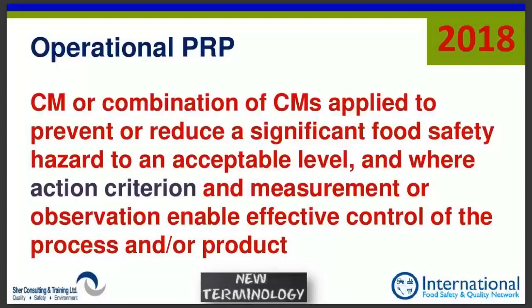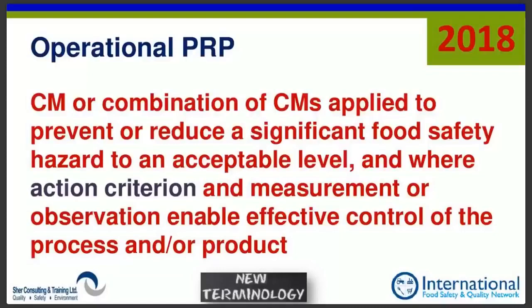To make sense of everything I've said till now, the bottom line is as follows. If any control measure now is anything that we do to prevent or eliminate or reduce a significant food safety hazard anywhere, anyhow, they are classified into two names, either CCPs or OPRPs, all of them.